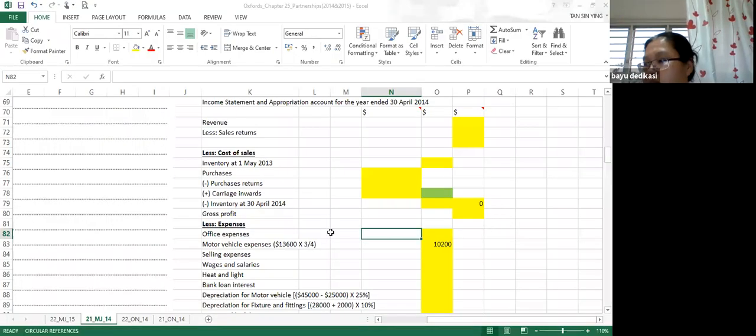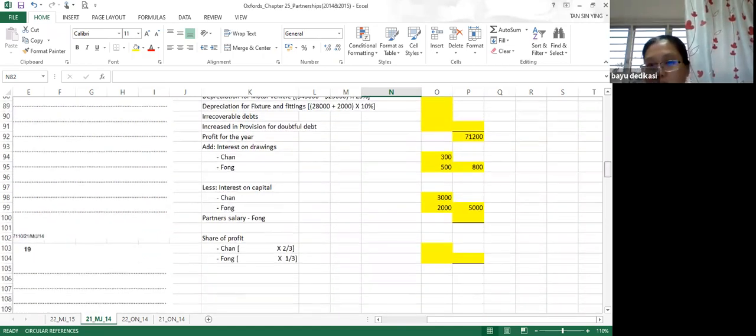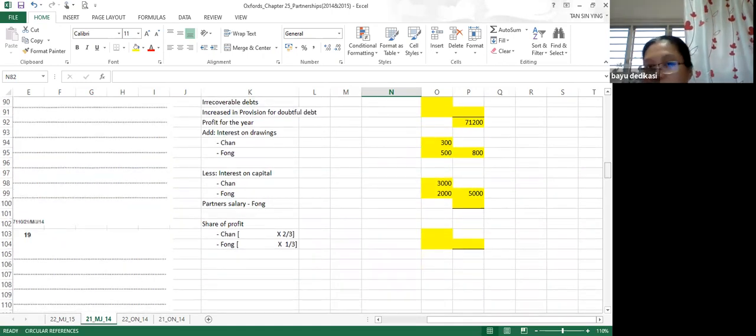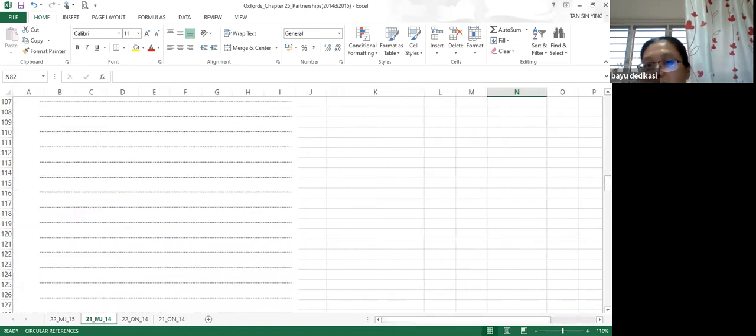Okay, download and then open up the file on screen and prepare on it. Start from the income, the revenue section.